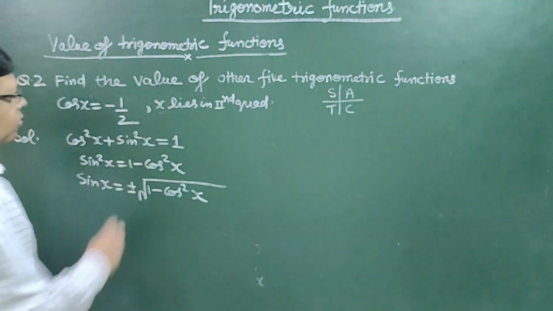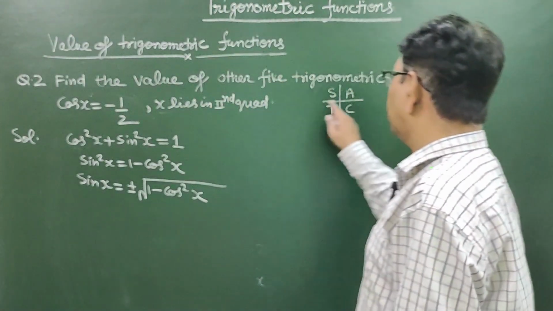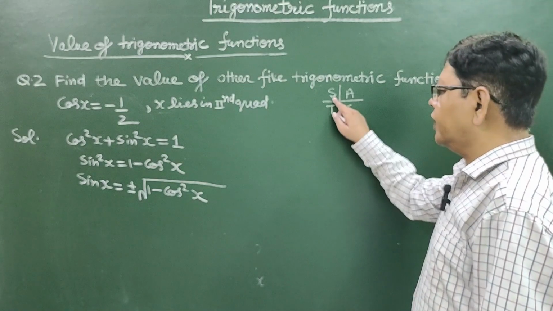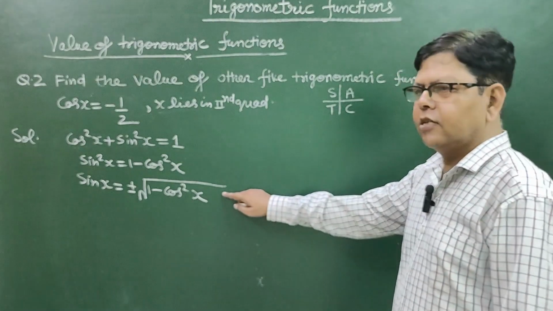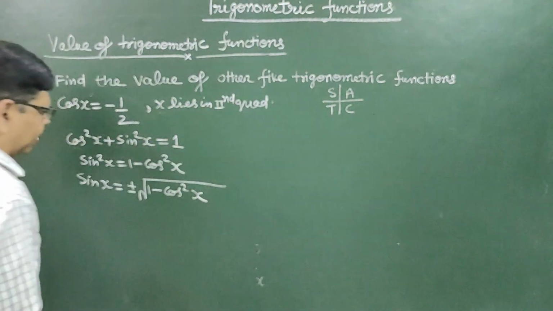Now, since the angle x lies in the second quadrant, the sign of sin is positive, so I will consider only the positive sign.